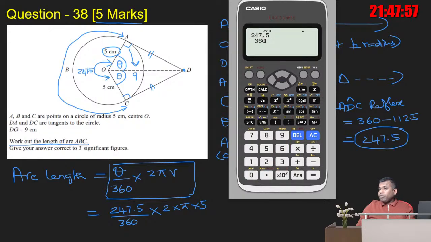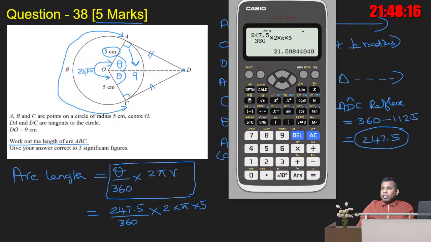So I normally use the fraction button, 247.5 over 360, then go to the right hand side, multiply by 2 times pi, pi is shift and pi, times 5. That is it. That is the answer in terms of pi.